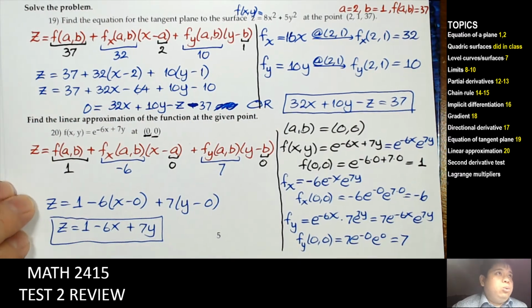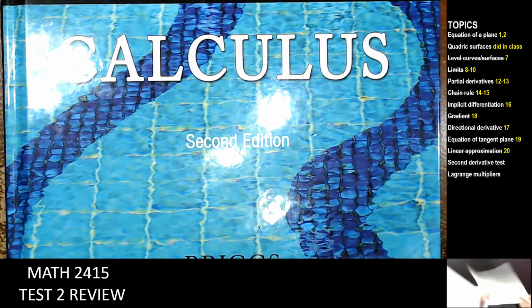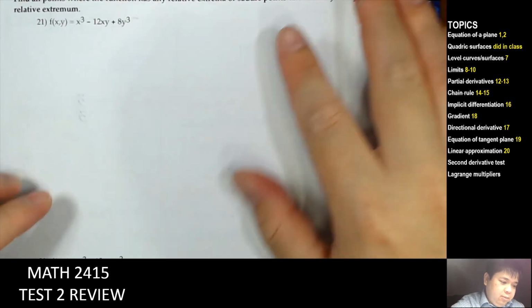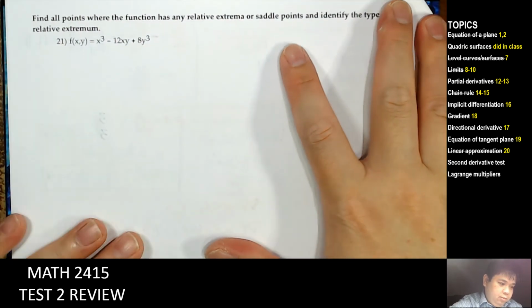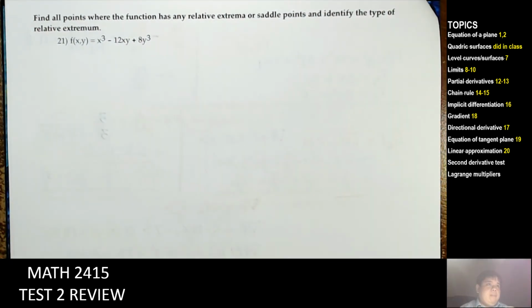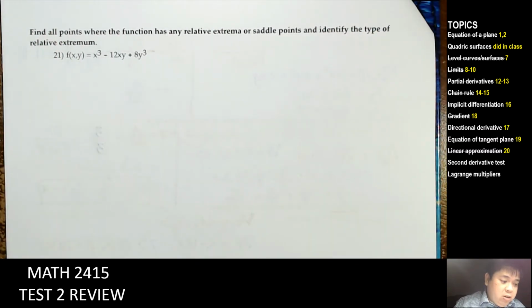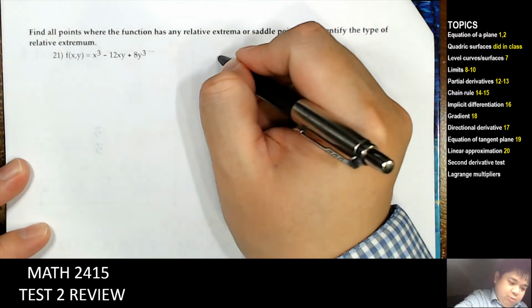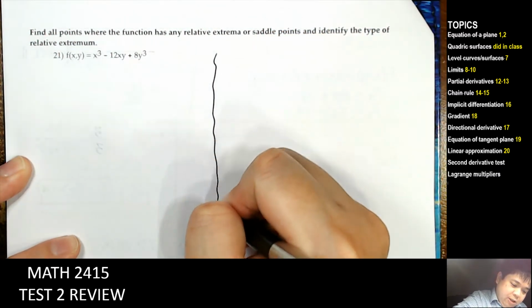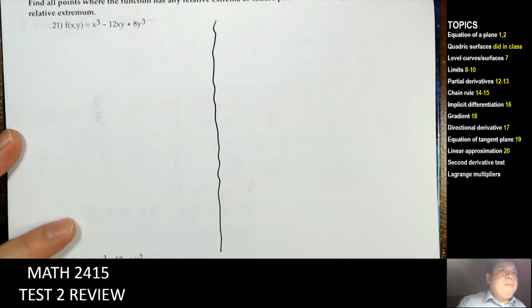Now we go to the second derivative test. First, this is probably a little bit long, so just cut the page in half and try to write a little smaller.